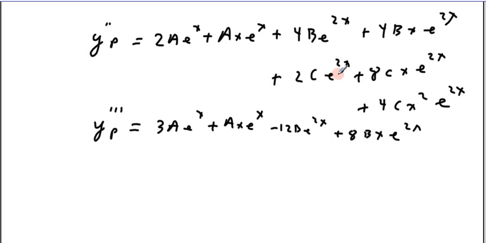Okay. Then I got 4 plus 8c's plus 12cx. No x. 12c e to the 2x. I have 16 plus 8 for 24 plus 24cx squared.